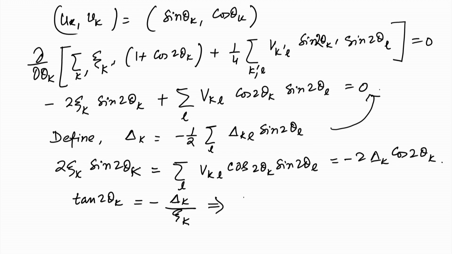So, this can also be written as sin 2 theta_k over cos 2 theta_k, which is equal to minus delta_k by xi_k.